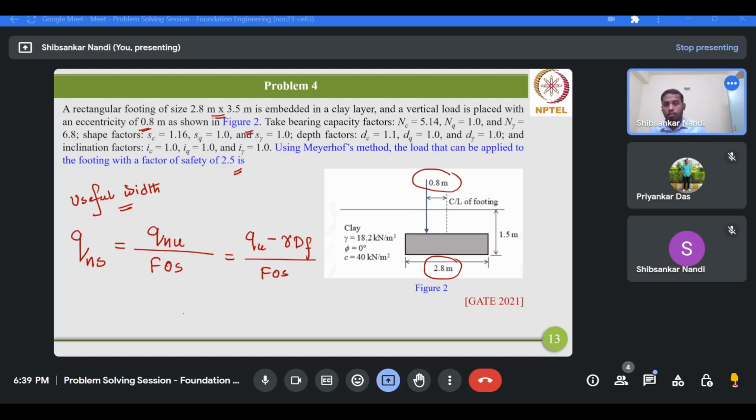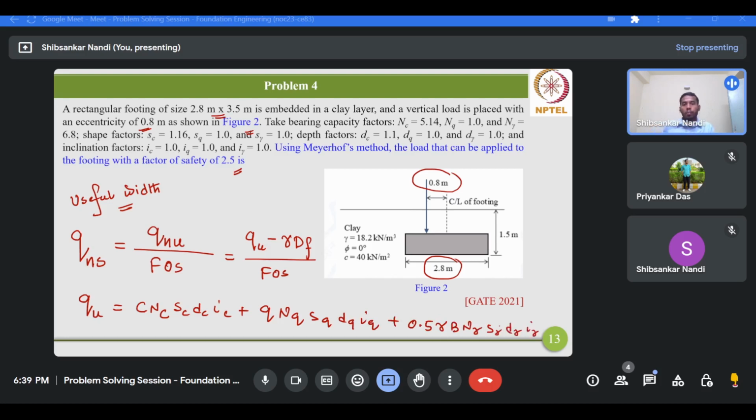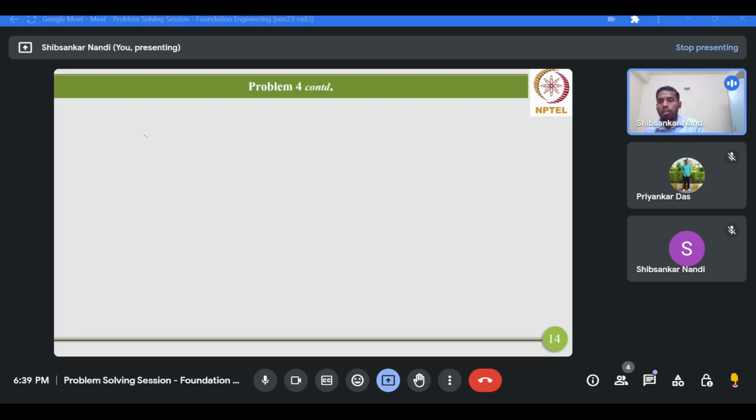Now this qu, as per Meyerhof, the general bearing capacity expression is c Nc Sc Dc Ic plus q Nq Sq Dq Iq plus 0.5 gamma B N gamma S gamma D gamma I. All these values are directly given in this problem, so we can easily substitute these values in this expression.